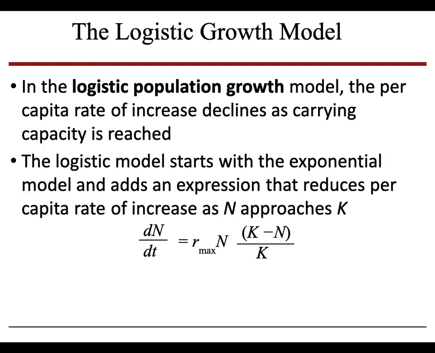The logistic model, which is a slightly more complicated model, is looking at the change in N over t, where we're still applying the Rmax, but we're doing K minus N, where we're thinking about how the number of individuals relates to the carrying capacity.